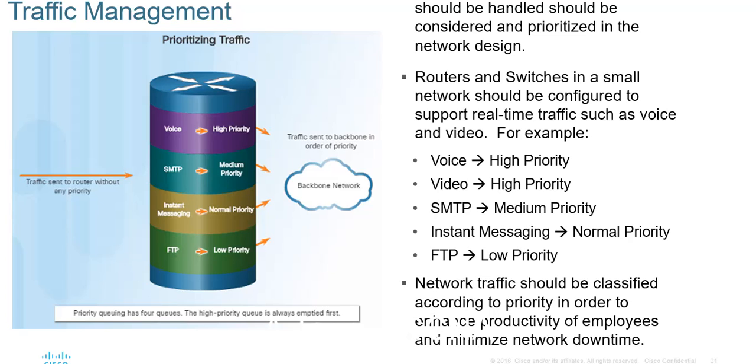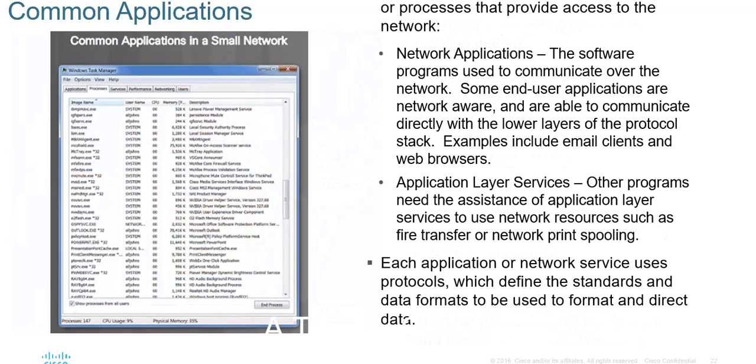If you have this many traffic types going on at the same time, and they need to be on a queue, you have to set your devices so they give priority to voice, video, and next SMTP. It is like being on a street when an ambulance comes: it has a higher priority, and you have to be given a pathway to pass quickly. Even though there are multiple cars on the road, they will have to find a way to get the ambulance past.